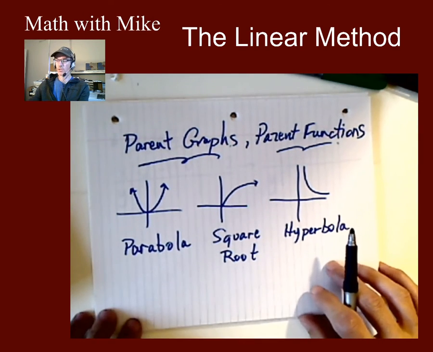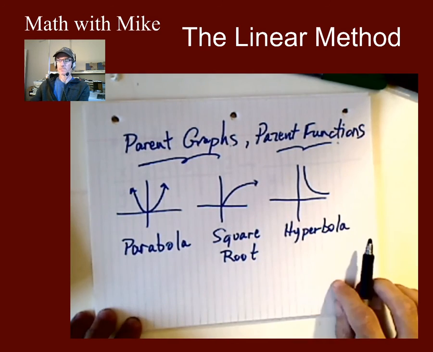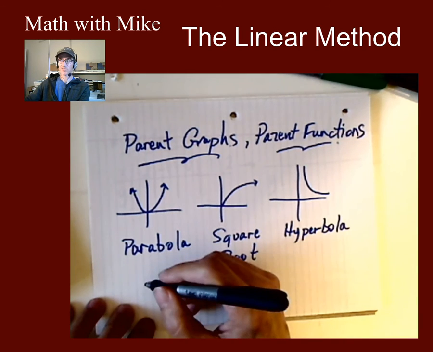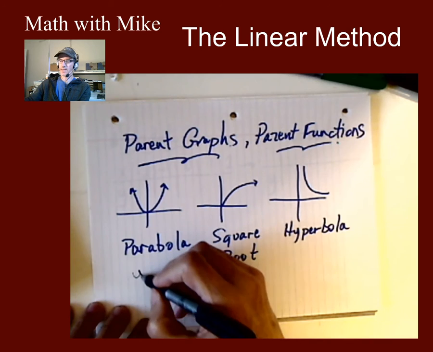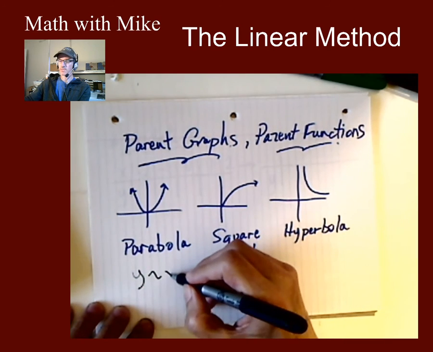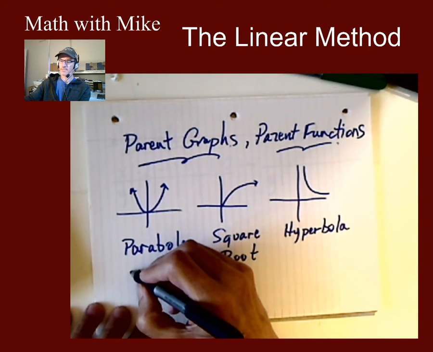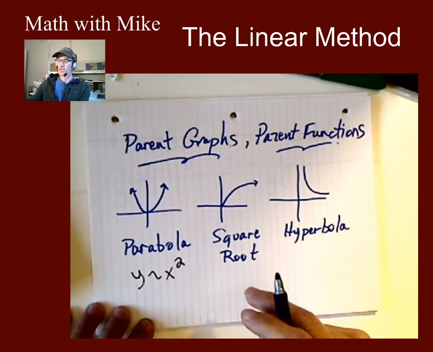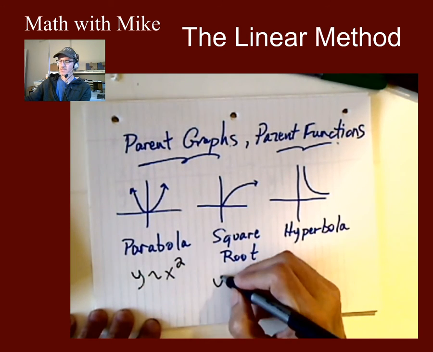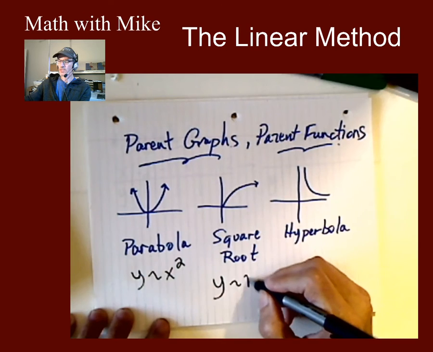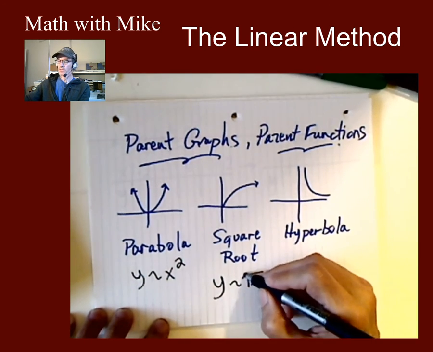What you do have to know are the functions that go along with these pictures. So, said it twice on the earlier slide. For parabola, the y values are related to x squared values. For the square root, the eyebrow, that is related to the square root of x.